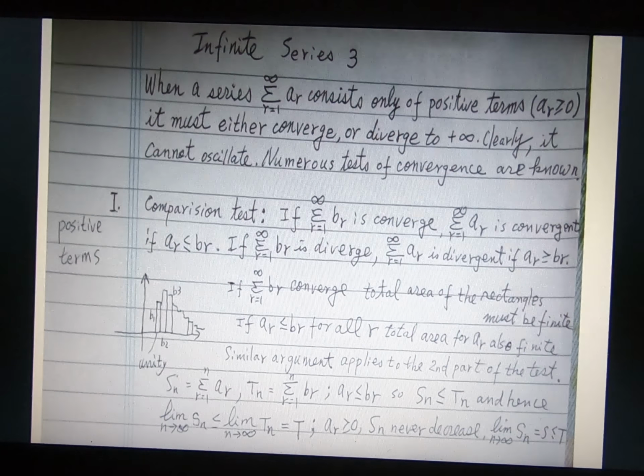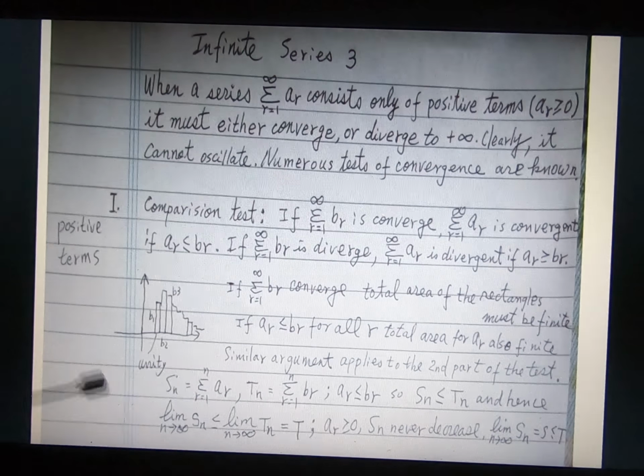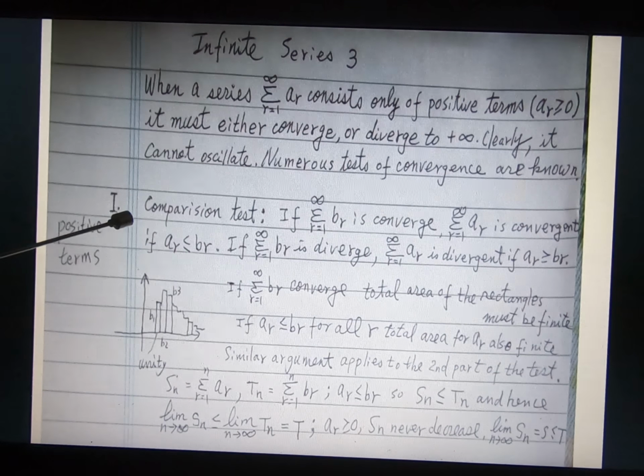Okay, now we are looking at the infinity series consisting only of positive terms, and you can test whether the infinity series converges or not by doing many tests. One of the tests, I will list a couple of them, is the comparison test.